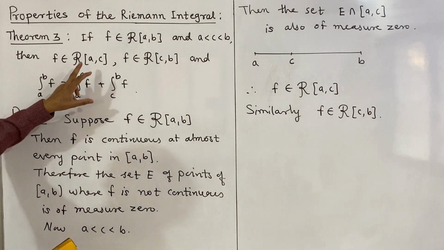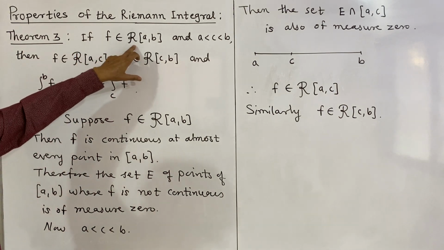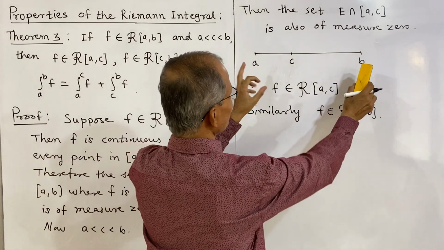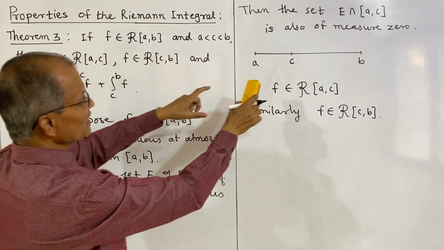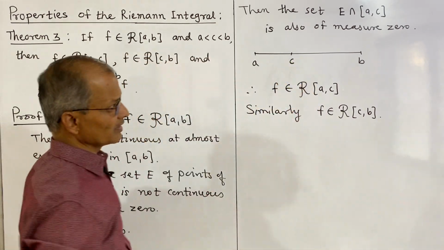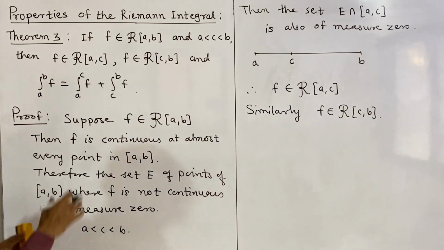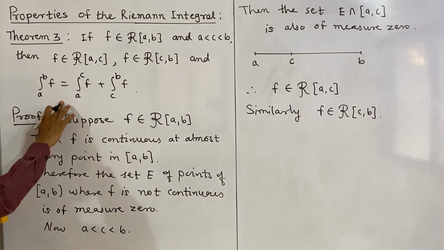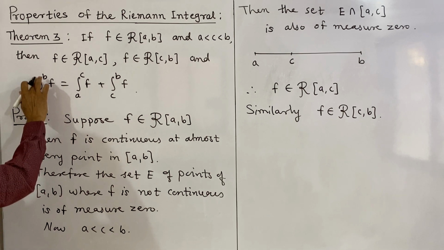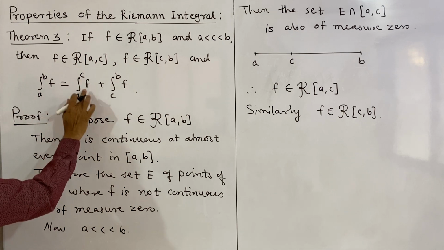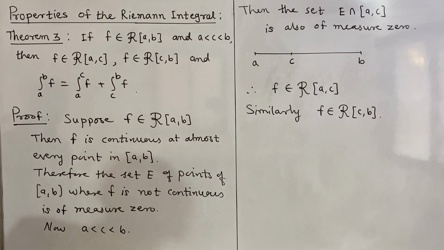So thus we have proved here that if f is Riemann integrable over the whole interval a to b, then f is Riemann integrable over the interval a to c and also the interval c to b. Now we have to prove this result, that is, integral a to b of f is equal to integral a to c of f plus integral c to b of f.